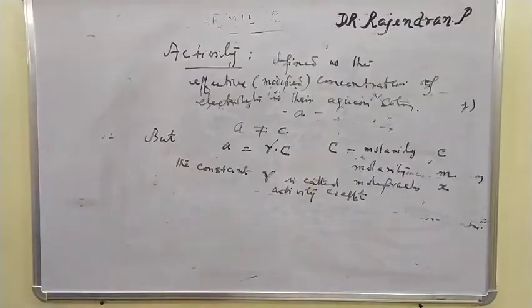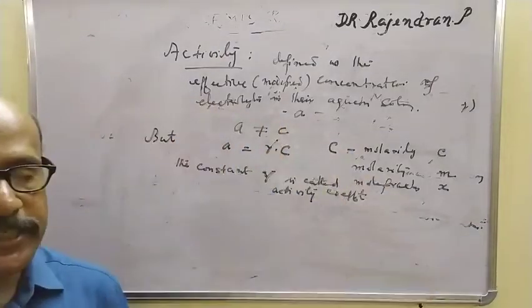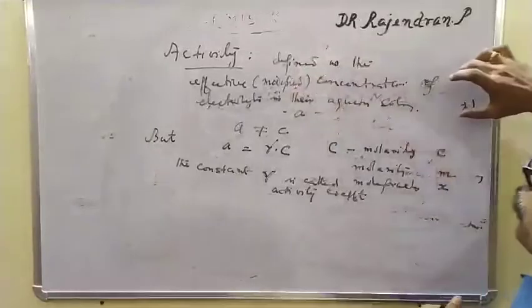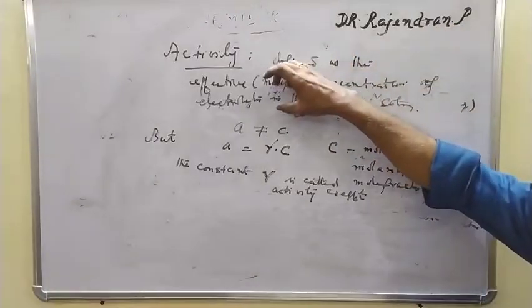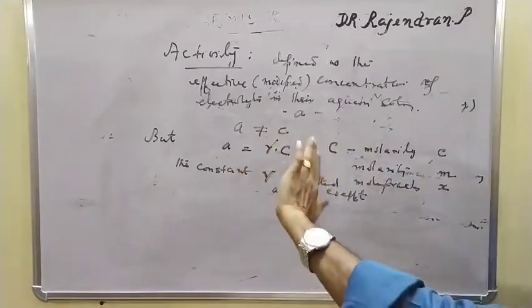So activity of a solution is the term used for representing the effective concentration of an electrolyte in its aqueous solution arising from the ion-ion interaction. The activity is not equal to concentration; it is different from concentration.